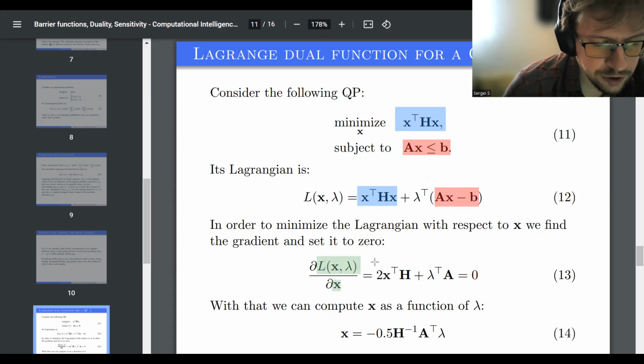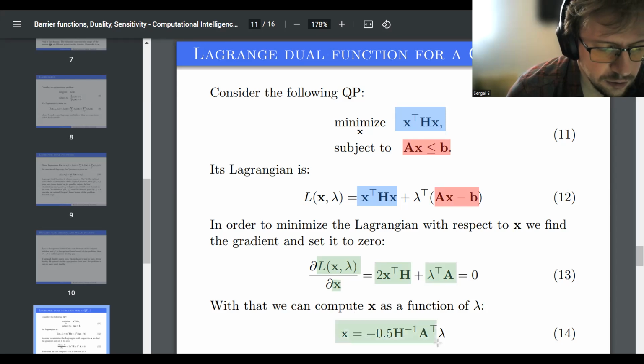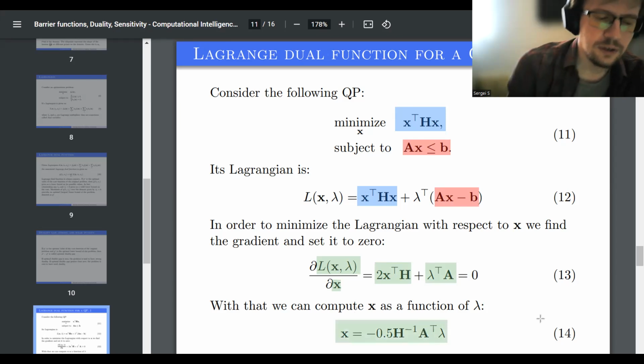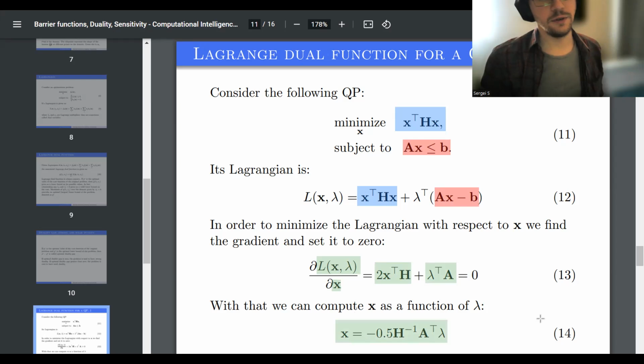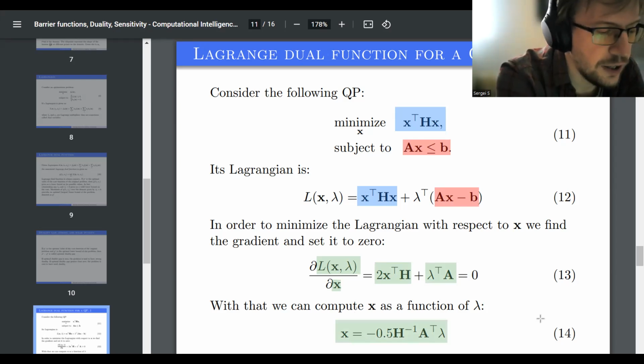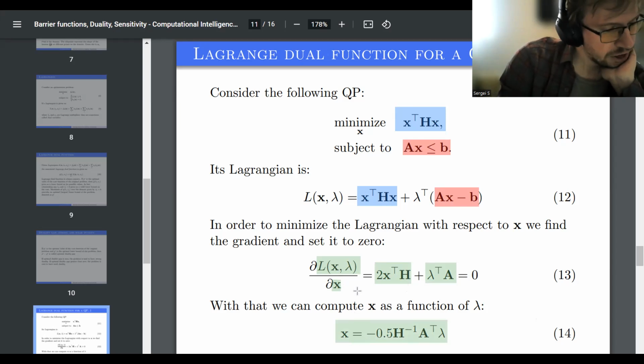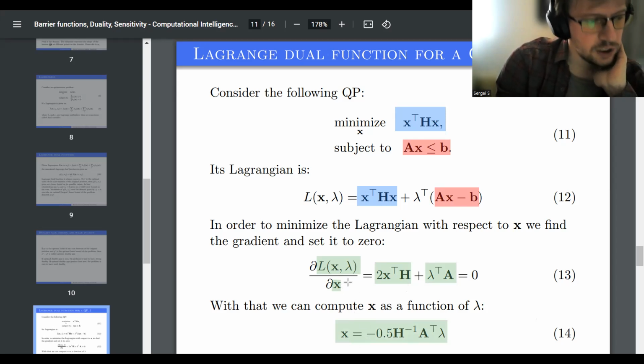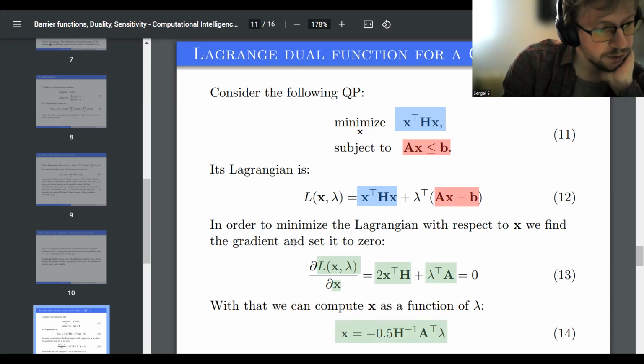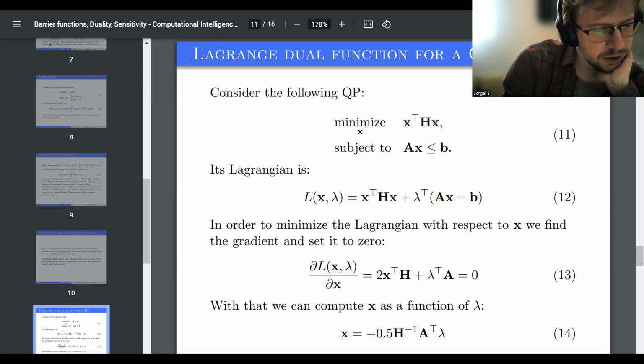What we get here is 2x transpose H plus lambda transpose A. From this we get x equal to minus 1/2 H inverse A transpose lambda. So we solve this as a normal unconstrained optimization problem, which it is. And from that, we recover x.